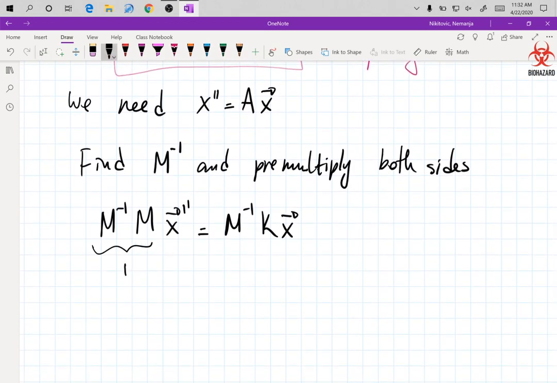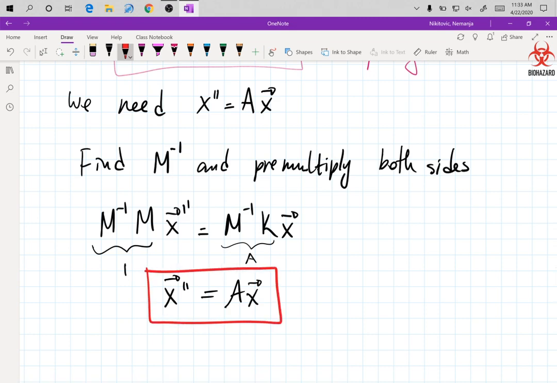This is 1, which gives us just x double prime, and over here we're going to define this as a matrix A, which is the focus of what we are doing here.